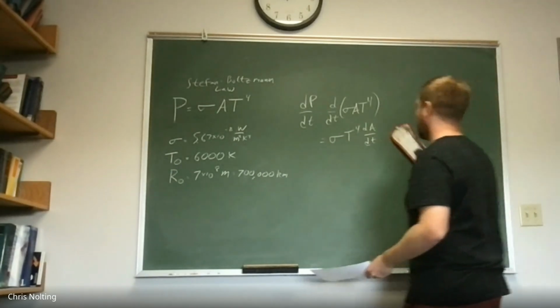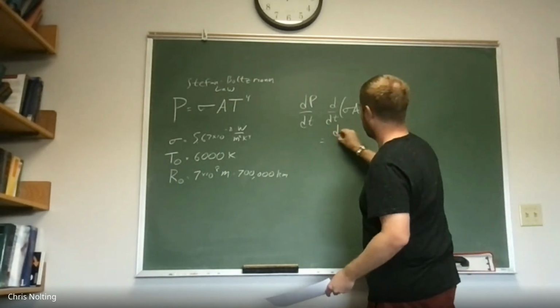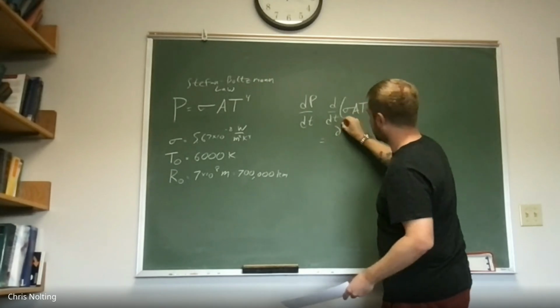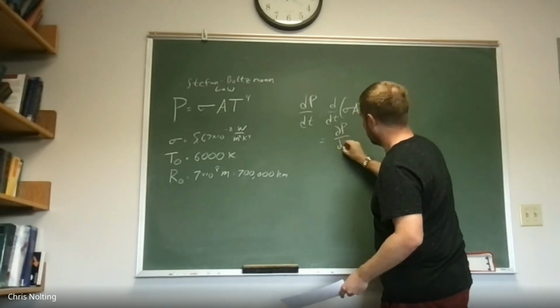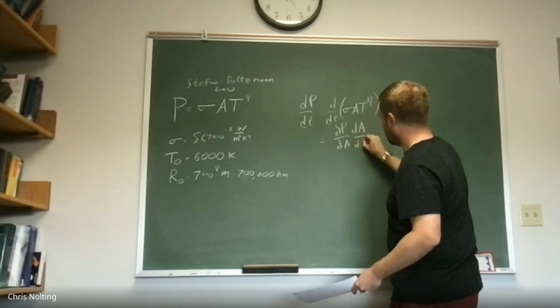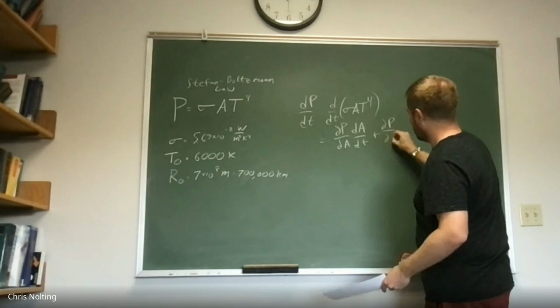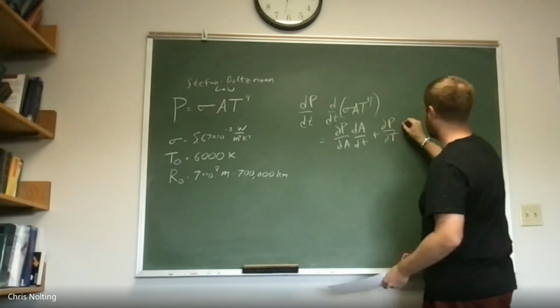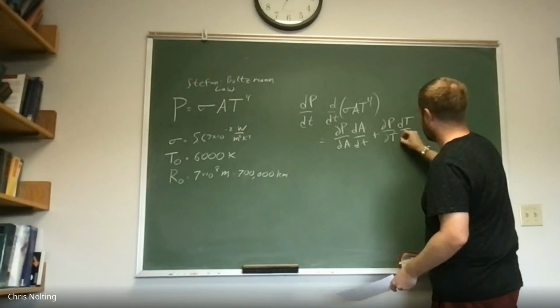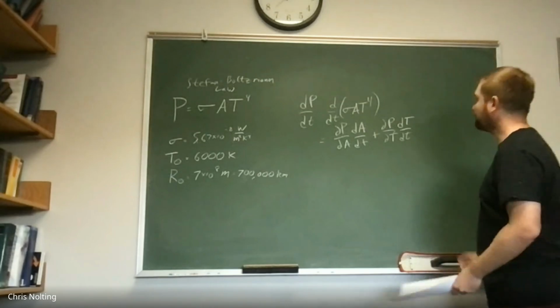Or rather, let me take one step back. We could say first, this is the partial derivative of P with respect to A times dA/dt, plus the partial derivative of P with respect to T times dT/dt, the derivative of temperature with respect to time.